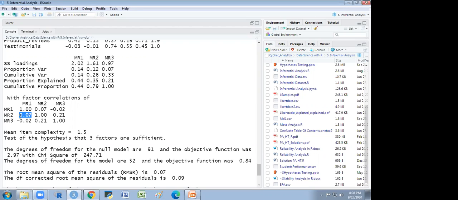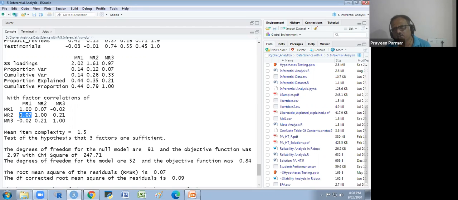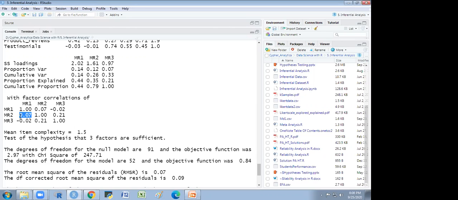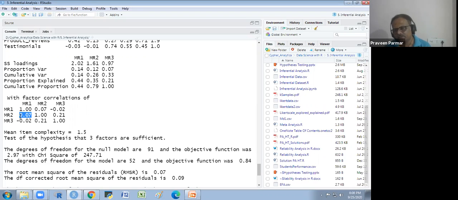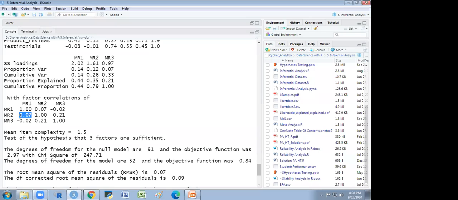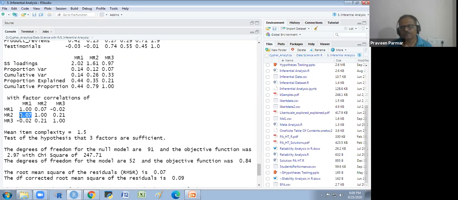How could I make the machine learning model? It would be very complicated if I consider this many variables. So I use PCA to reduce the components, take only the principal components, and then make the machine learning model. That is the purpose.